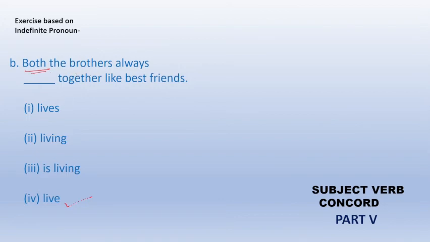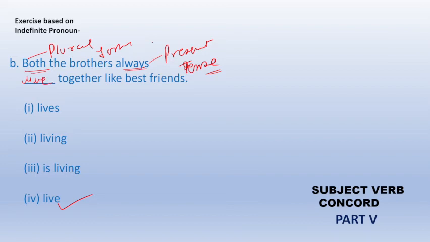Both the brothers always, because always is indicating that it is the present tense. Okay, so that is why we will place only V5, because both is plural. Okay, so both the brothers always live together like best friends.